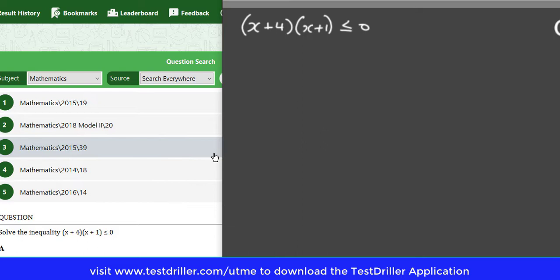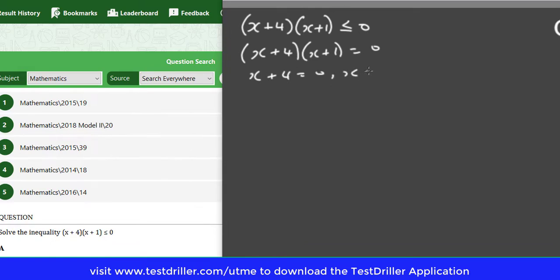So x plus 4 equals 0, then it means x is equal to minus 4. Then x plus 1 equals 0, which means x equals minus 1. So these are the two possible values for x. But now to get the exact answer, you have to test it.